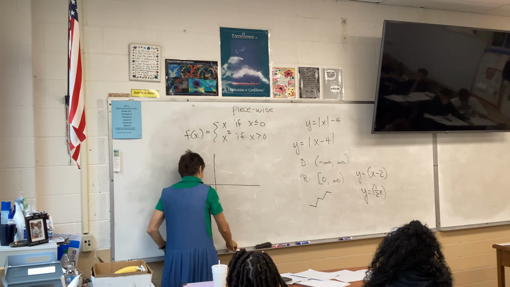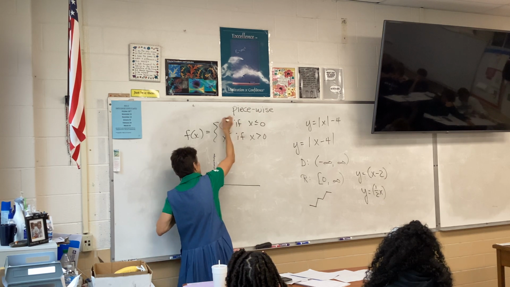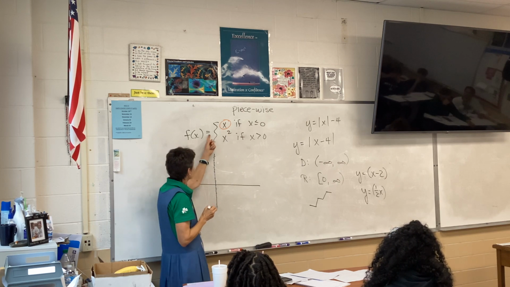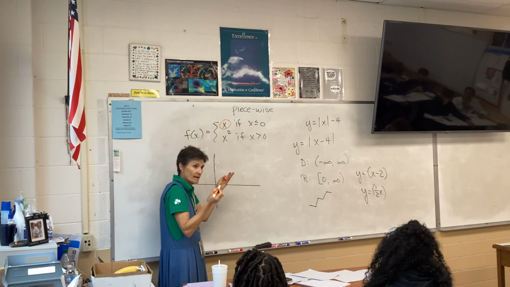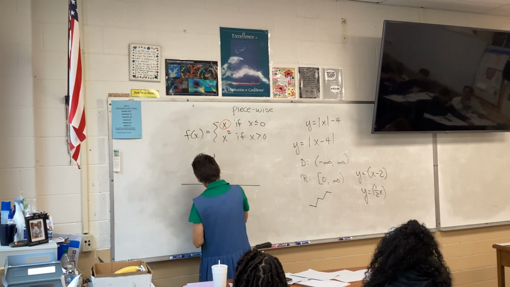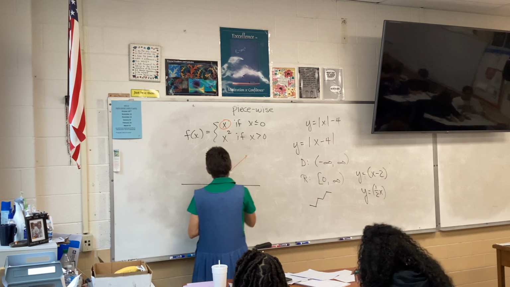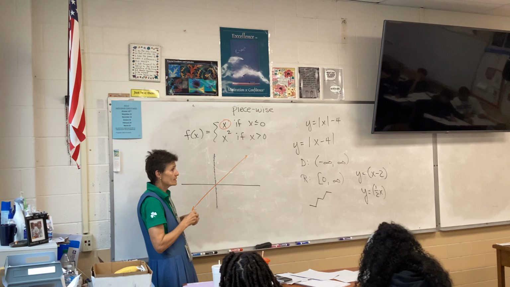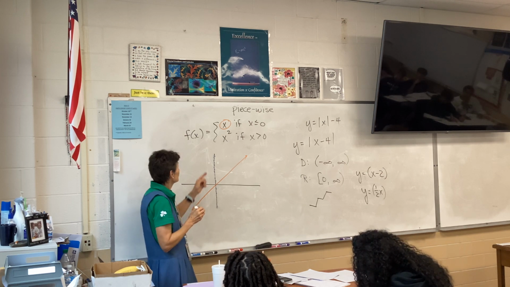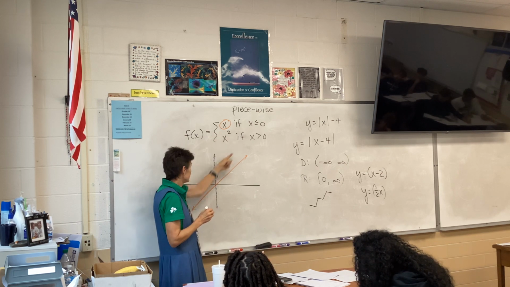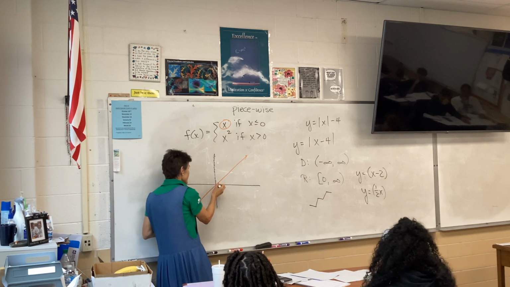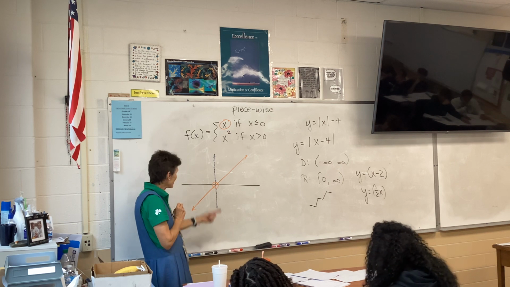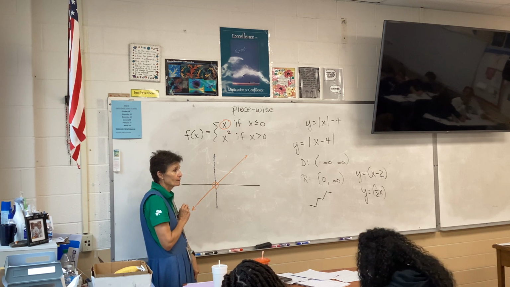Now, I'm going to graph this. Well, what is that? Y equals x. Y equals x. What is that? That's the identity linear function. Sketch it in. There it is. Notice that my line crosses my squiggly line. So I make a big dot there where it crosses.